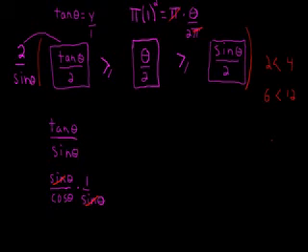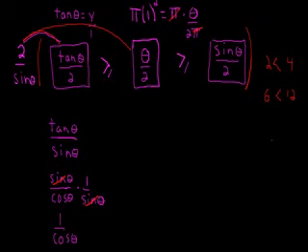Notice that the sines drop out and I'm left with 1 over cosine. Now let's multiply those two together.